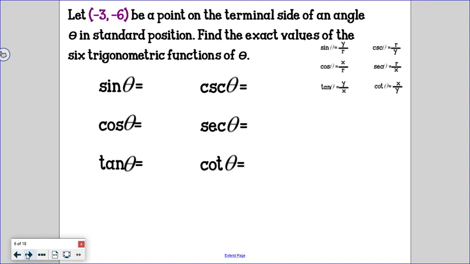Again, start your pencil at the origin, trace to that ordered pair.